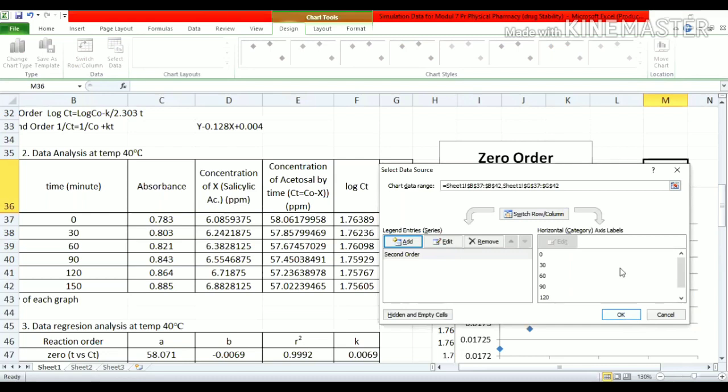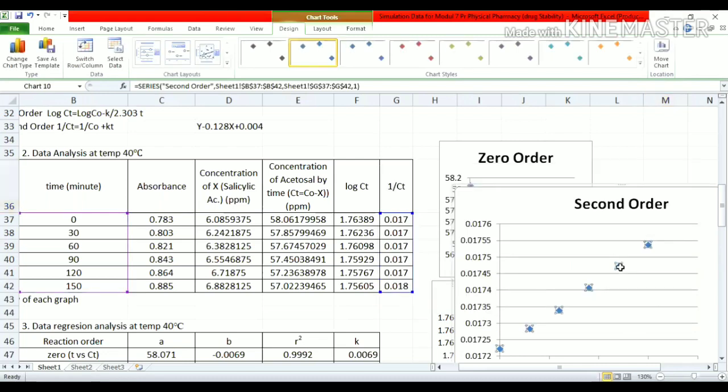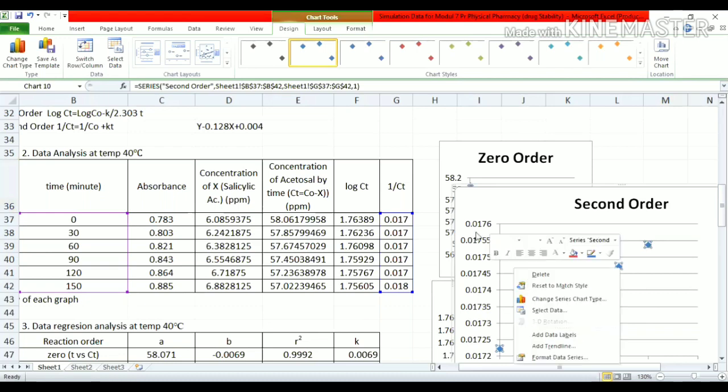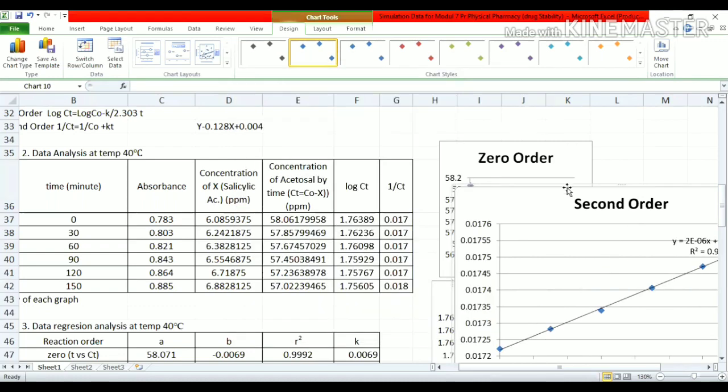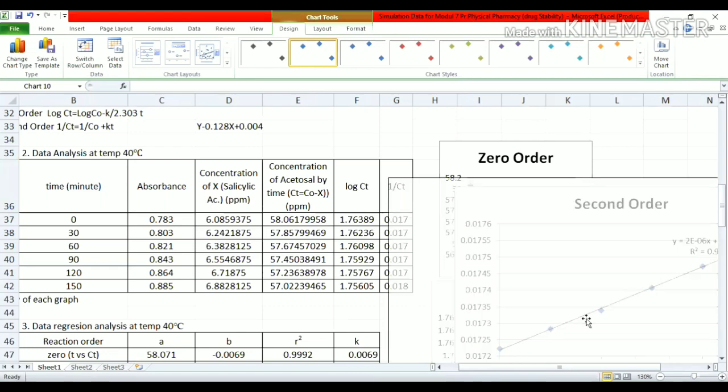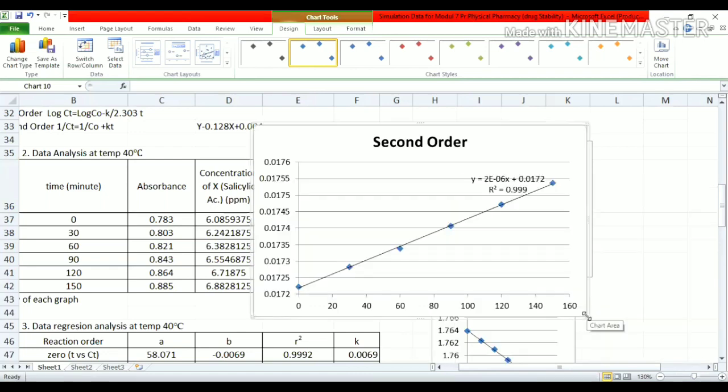So we get the second order reaction, and this equation means the y is 1 per concentration by time, and the x is still the time, and the b will be k, because in this equation 1 per concentration by time equals 1 per initial concentration plus k multiplied by t.